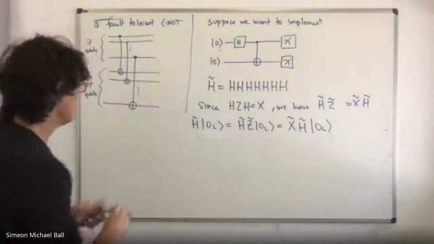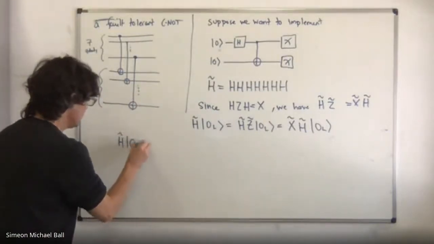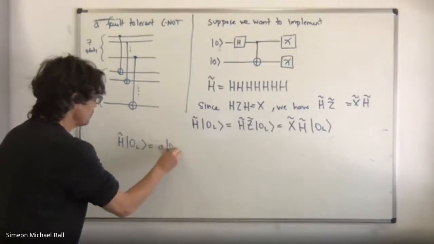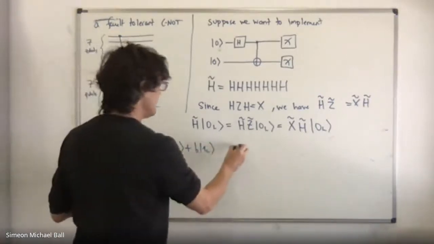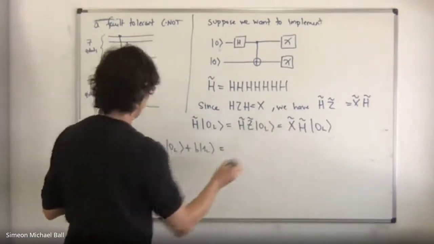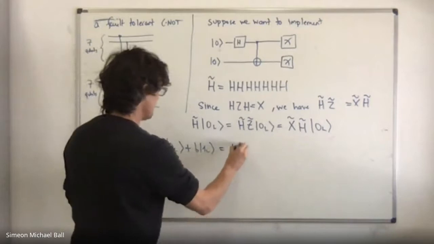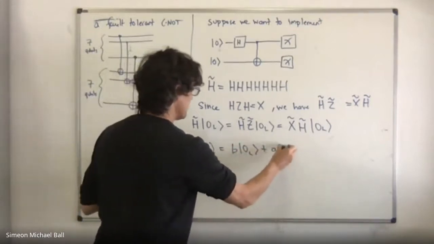So I'm trying to prove that this is happening, okay? So let's suppose this is A logical plus B one logical. Then we know that this is going to be equal to X times this, but X just takes us to this.